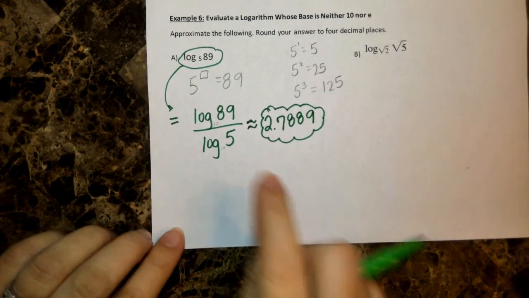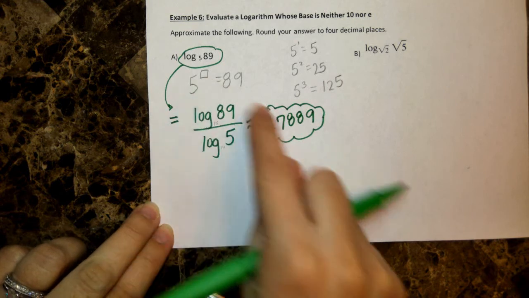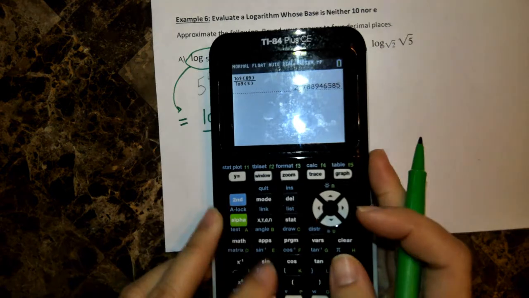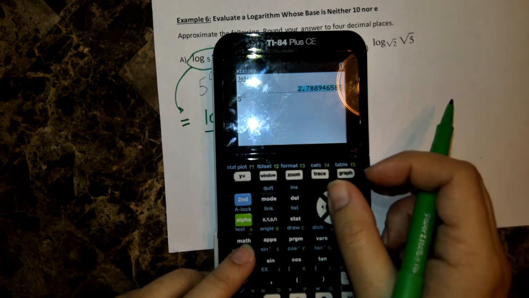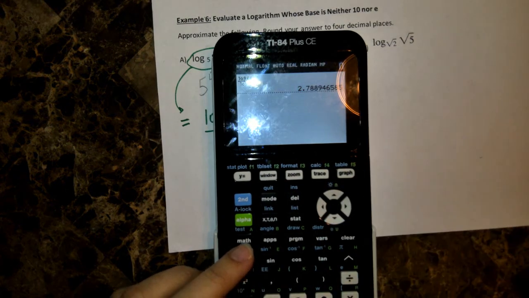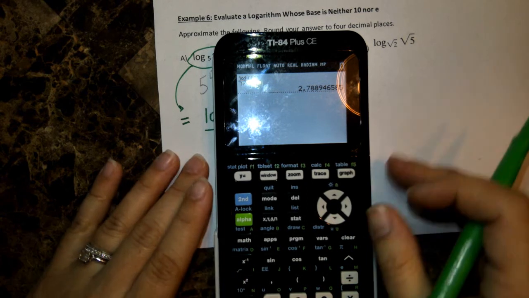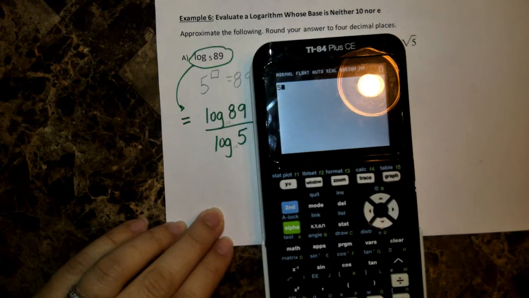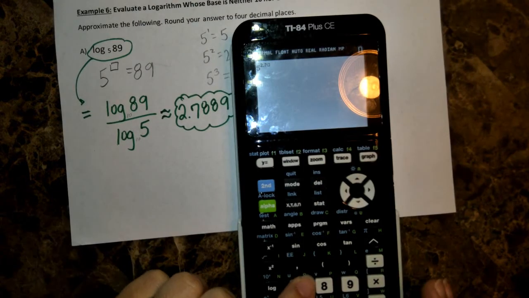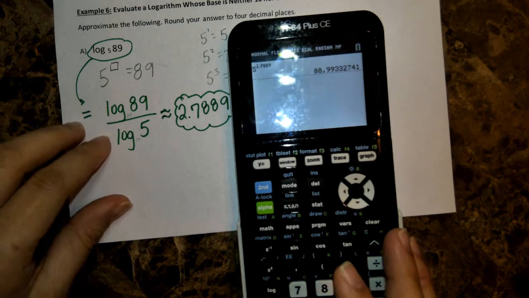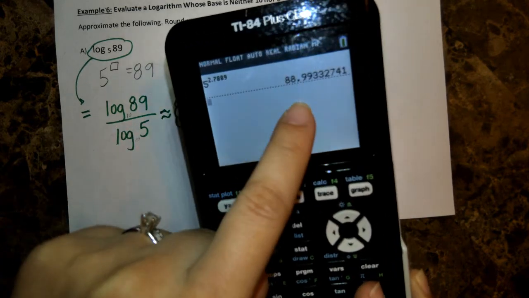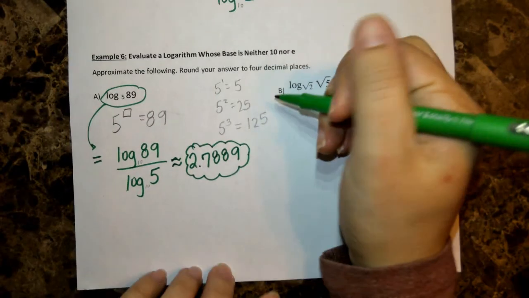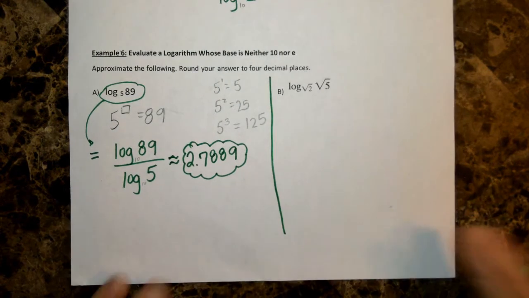And again, this just means that 5 raised to the 2.7889 power should be about 89, which we're rounding, so it won't be exactly 89, but you get the point.